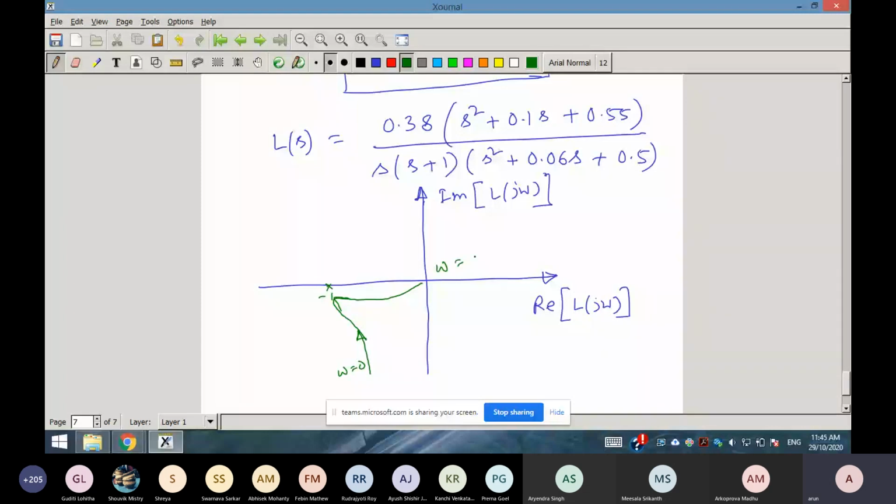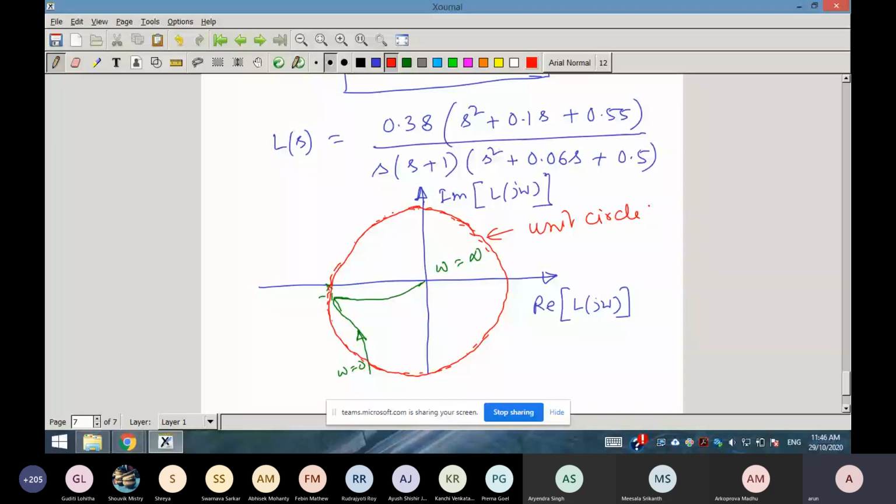So here, if you draw a unit circle, my drawing is not good. This is, suppose, the unit circle. So you can verify that.